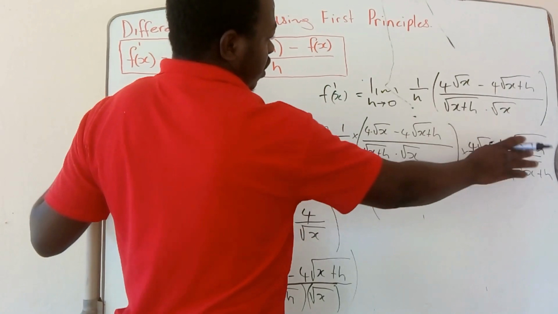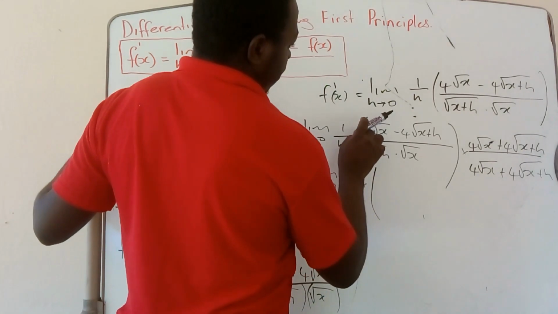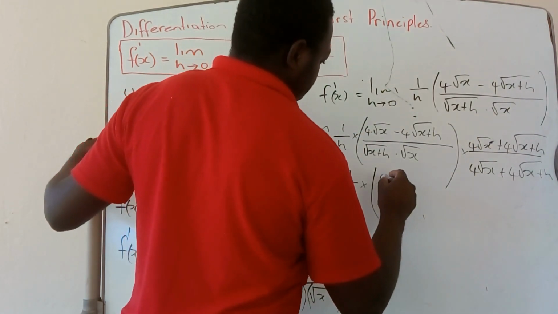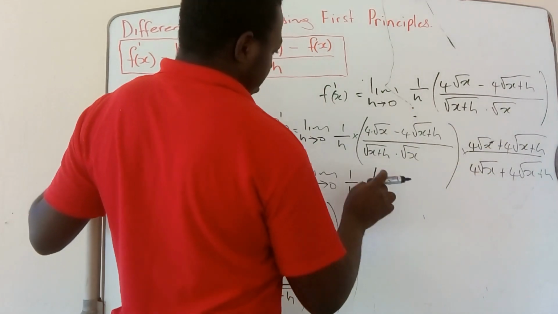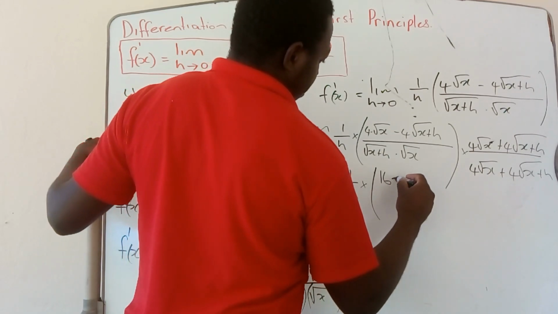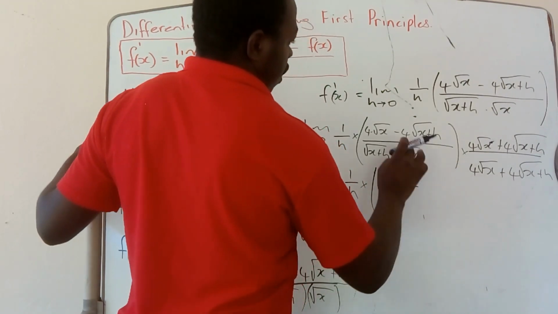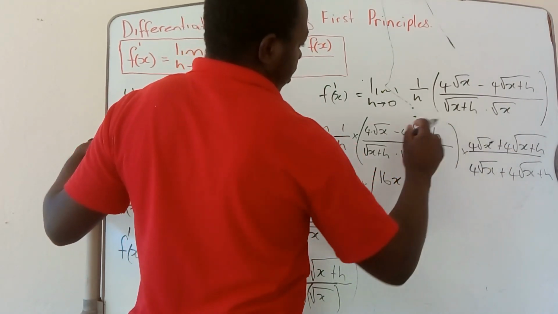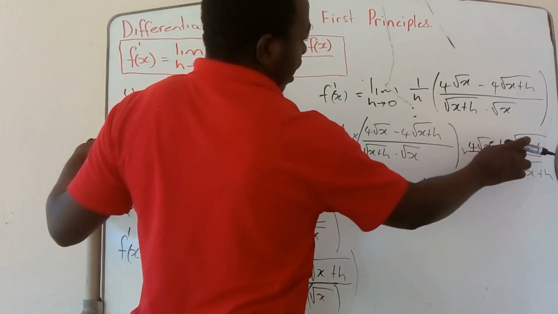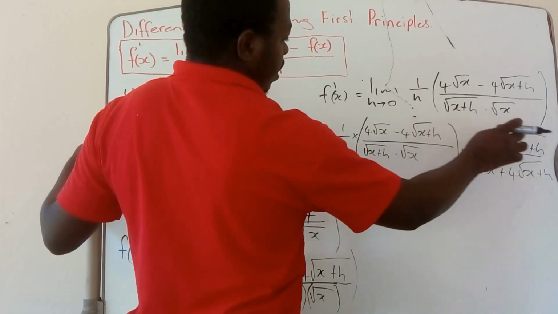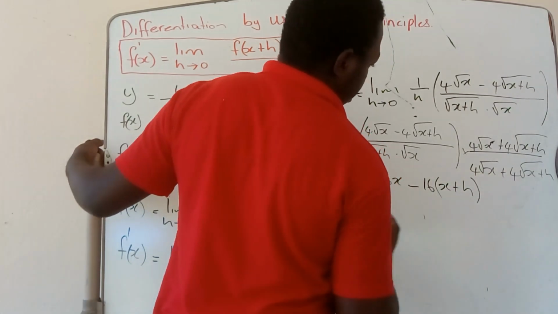So we're going to square the first term and square the second term. 4 root x times 4 root x, that's 4 times 4, which gives us 16. Root x times root x is x, multiplied by 16, so that's 16x. Minus 4 times 4, that's 16 again, times root of x plus h times root of x plus h. The root sign disappears, so we get x plus h.